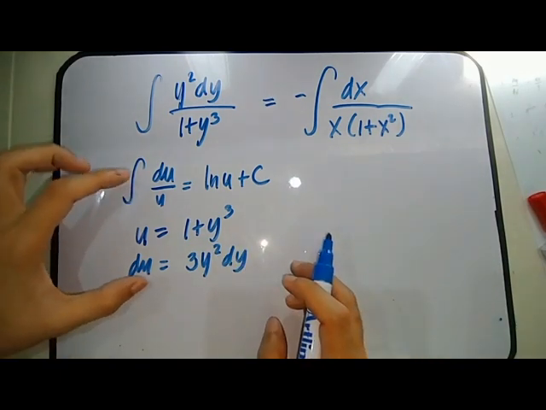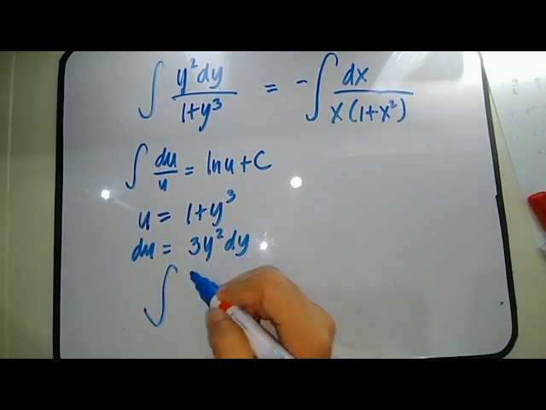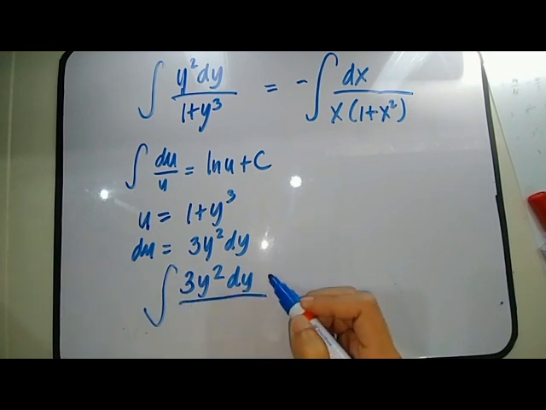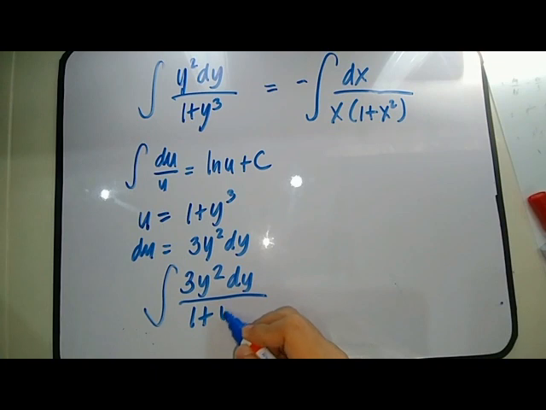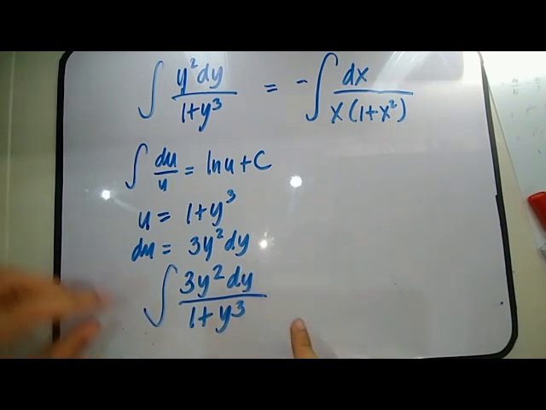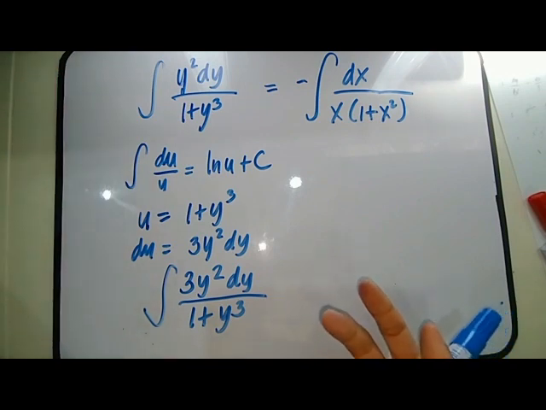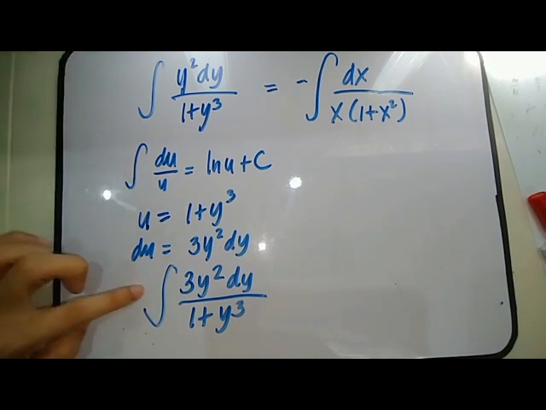Now we substitute in this formula. So the integral of 3y squared dy all over u, of course, u natin is 1 plus y cubed. Now we compare this, of course yung method of solving integral is meron tayong balancing constant na tinatawag. So we just compare the original to this resulting expression.